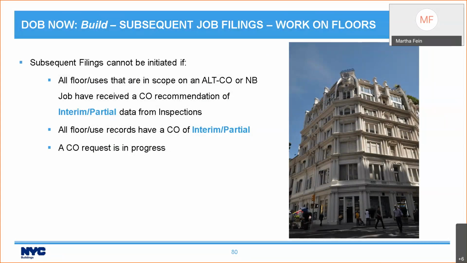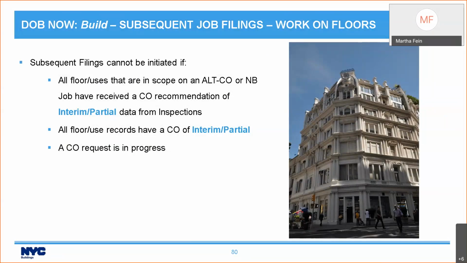You cannot do a subsequent filing if, and this bit I've said a couple of times, if all floor uses that are in scope on an Alt-CO or NB job have received a CO recommendation of interim or partial data from inspections, if they have a CO of interim or partial, or if a CO request is in progress.